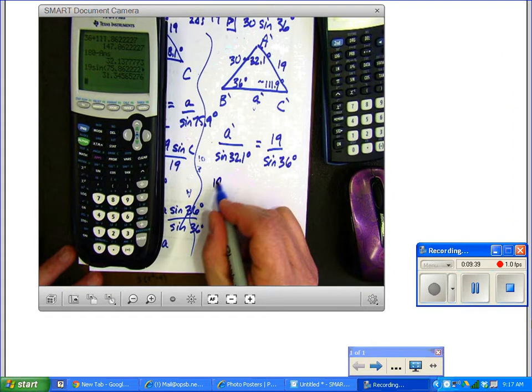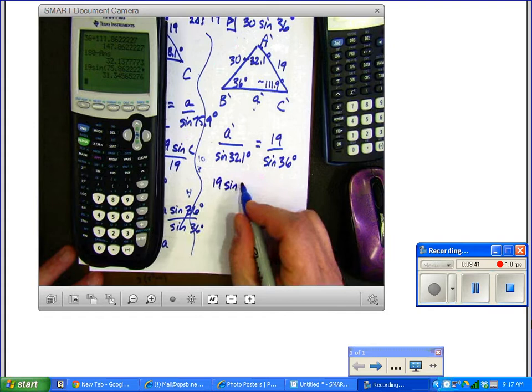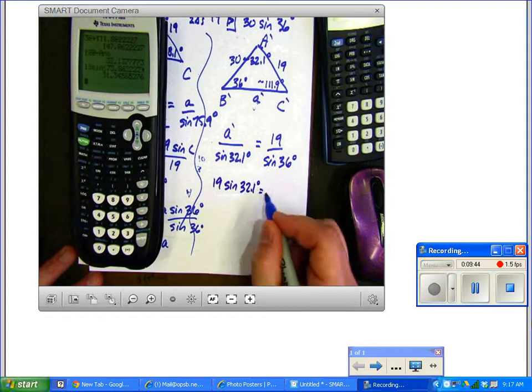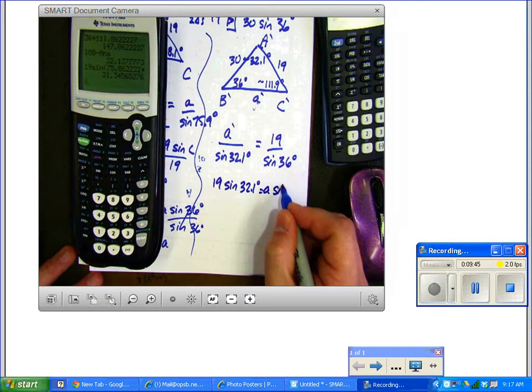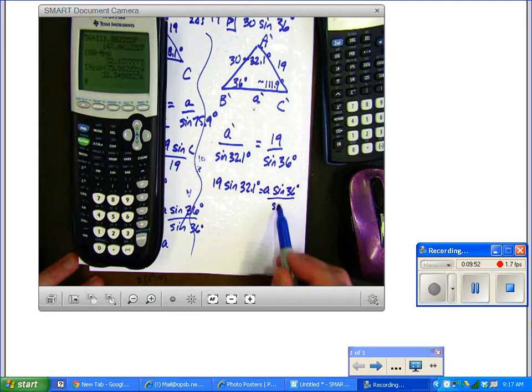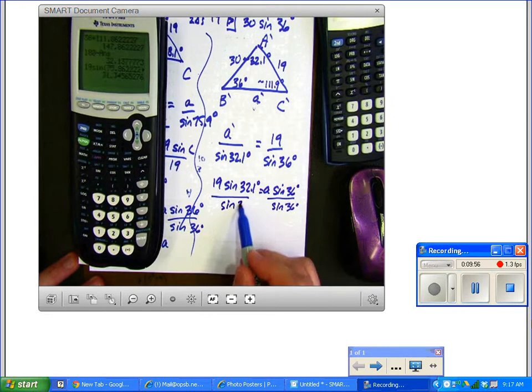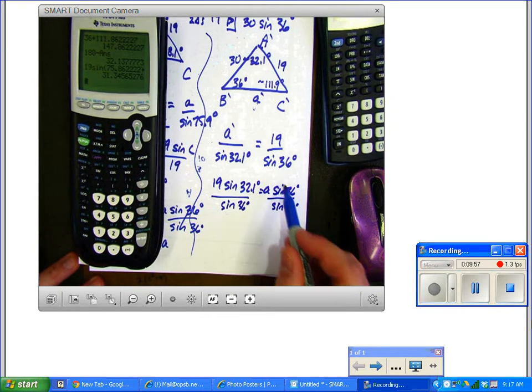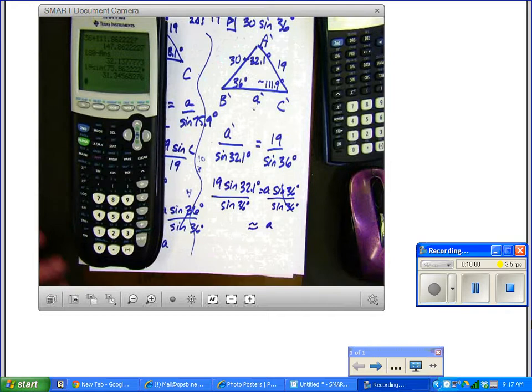So we get 19 times sine of 32.1 degrees equals A times sine 36. I'm going to divide both sides by sine of 36. All right, let me type it in.